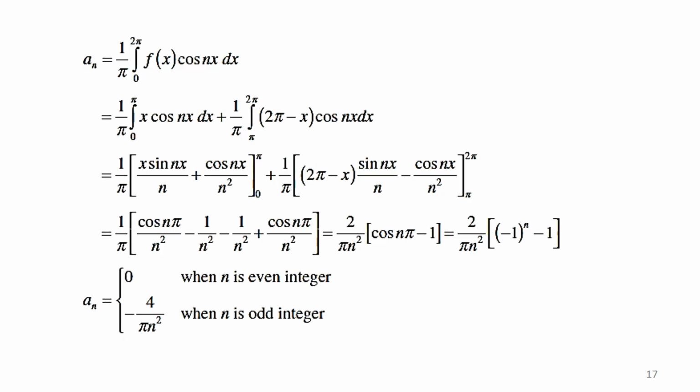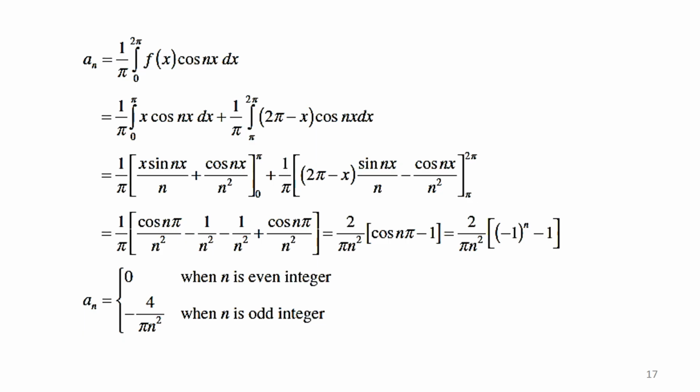So you will use the same Bernoulli's formula here. If u is equal to x, then u dash is equal to 1, u double dash will become 0, cos nx is v, and v1 becomes sin nx divided by n, and again on integrating you will get minus cos nx by n square. Okay, now you substitute using Bernoulli's formula, and substitute the limits 0 to pi.